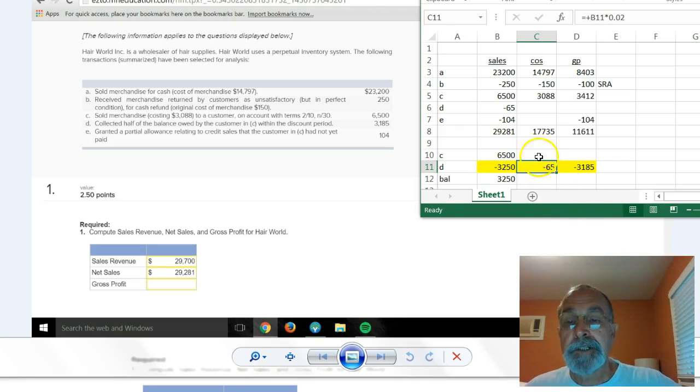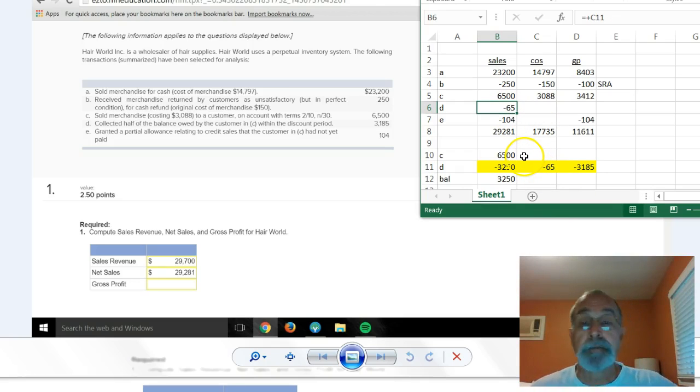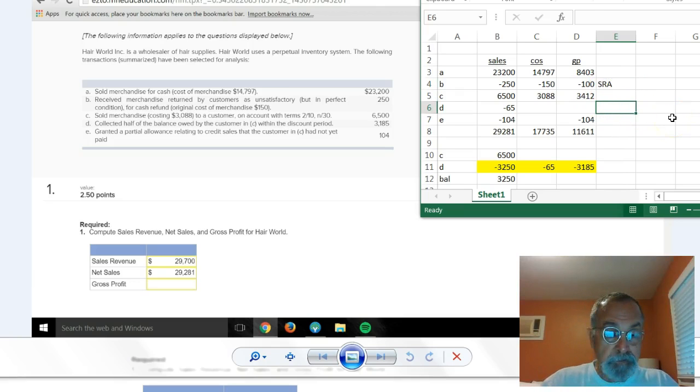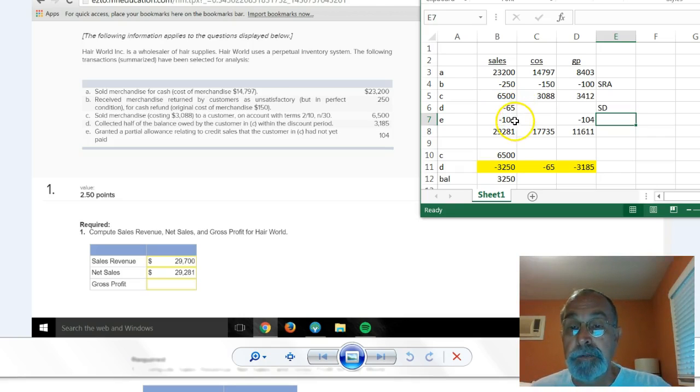Now what I've done with the 65 is put it up here in the sales column as a reduction. And again, as we did for the sale return and allowance, we need to show that this is actually a sale discount. So it's going to be effectively a reduction of sales, but it isn't debited to the sales account per se.